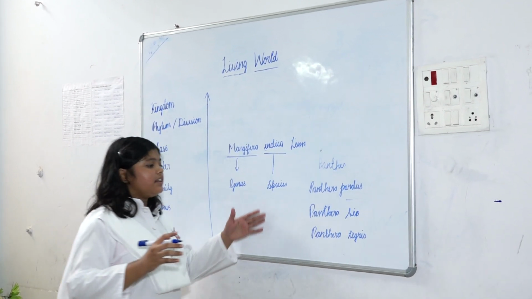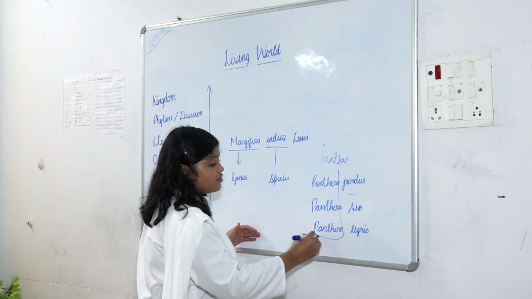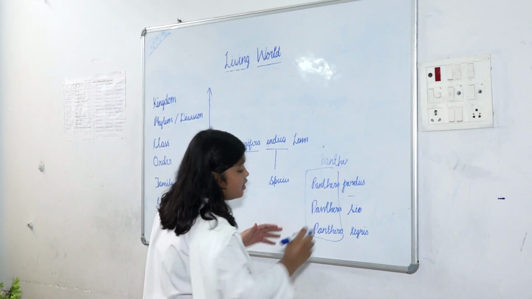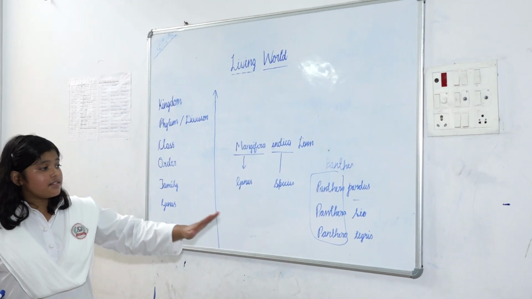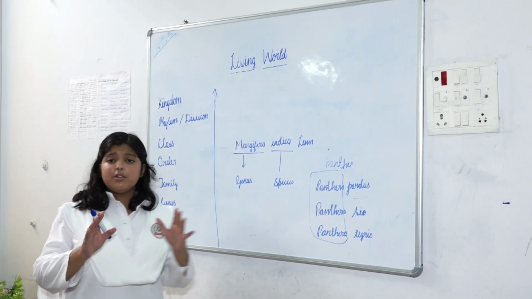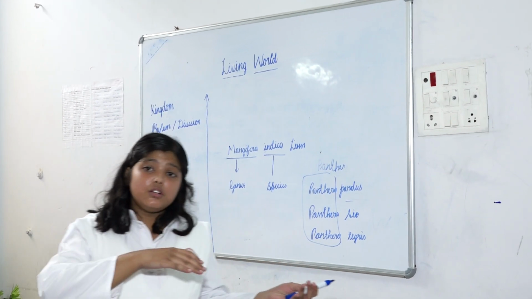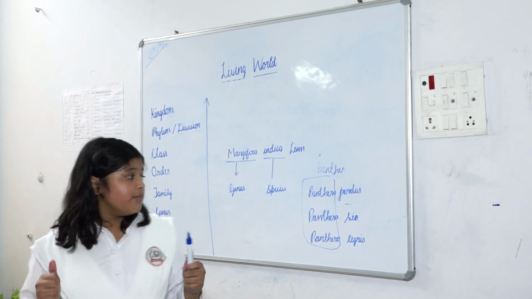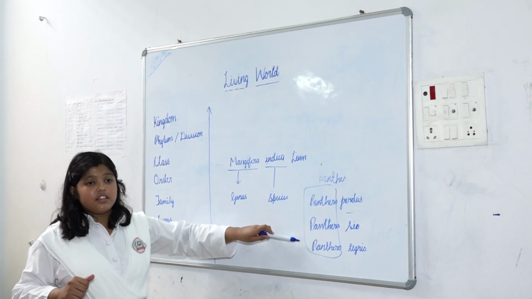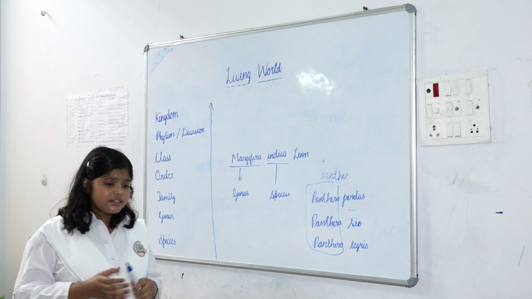As you can see, there is a similarity in the scientific names. The genus of them is the same. Their species are different, but their genus is the same. The simple meaning is that these species closely resemble each other as compared to species of another genus. They are put into the same genus because of their similarity. And what are the similarities between them?